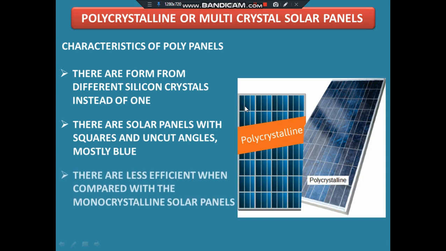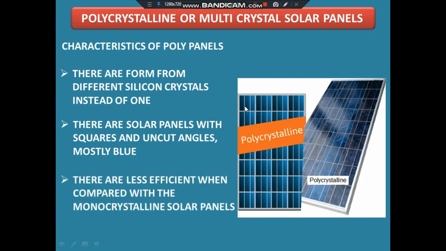They are less efficient when compared with the monocrystalline solar panels. We already said that the monocrystalline solar panel is the best and most efficient solar panel. So second in our list in terms of efficiency is the polycrystalline solar panel.